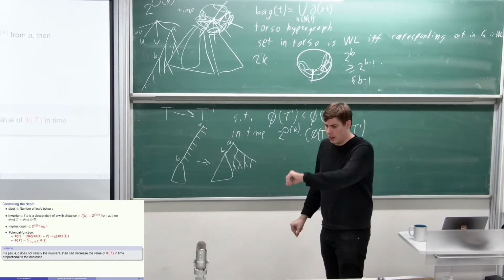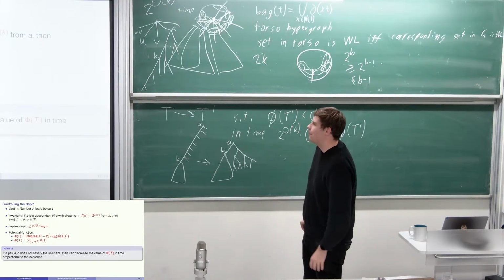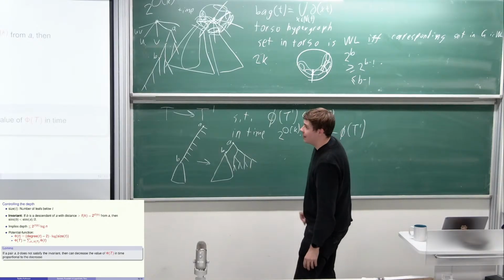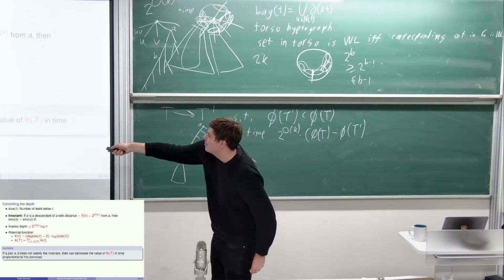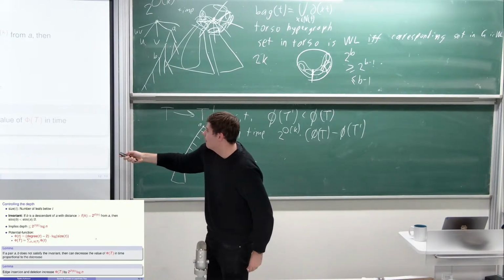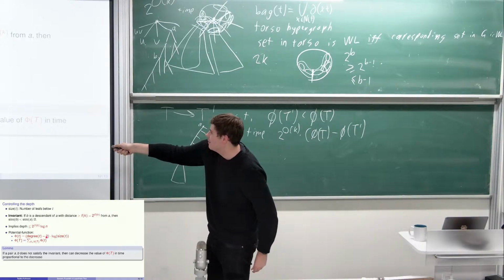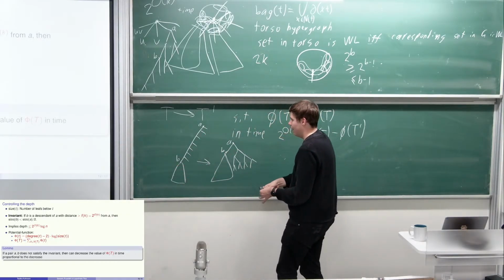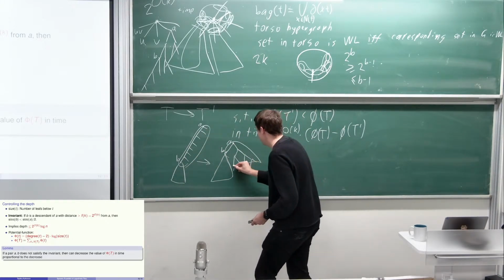I'm running out of time, so I probably shouldn't go into detail of how you count the potential here. But the point is essentially that the sum of this thing, of degree t minus 2, is the same here and in this rearranged subtree.